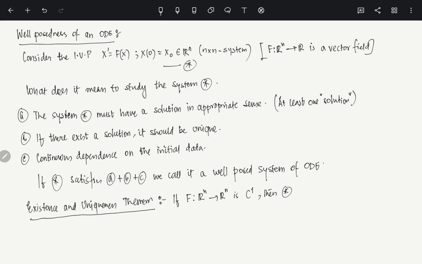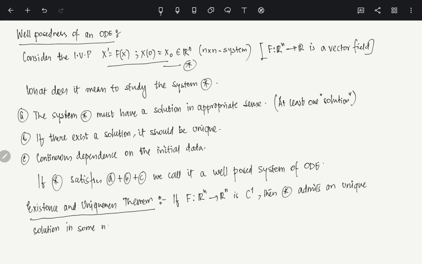The system, x prime equals f of x, x(0) equals x naught, given f is C1, admits a unique solution in some neighborhood of 0.